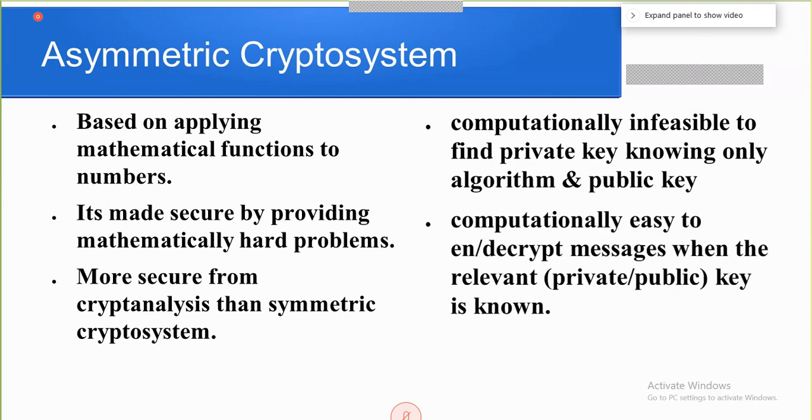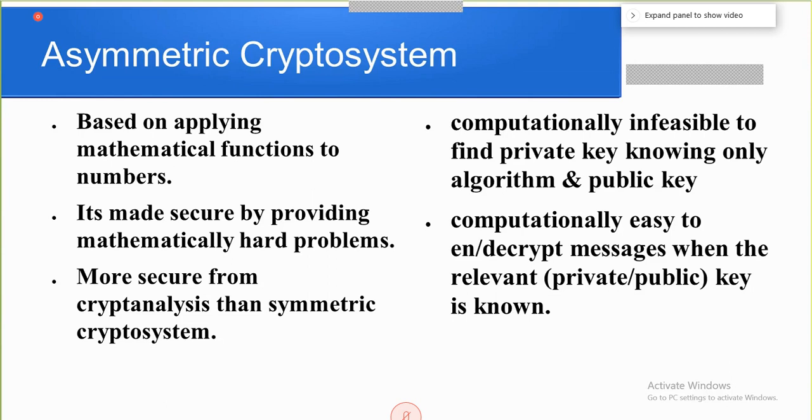And what are the mathematically hard problems? Or how is this asymmetric crypto system said to be secure? That is, it is computationally infeasible to find the private key knowing only the algorithm and the public key. Okay, because the cryptographic algorithm is the same. It is known to everybody. And for every participant, the public key is publicized.